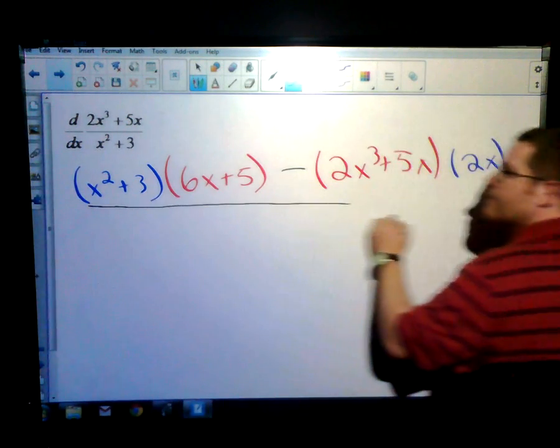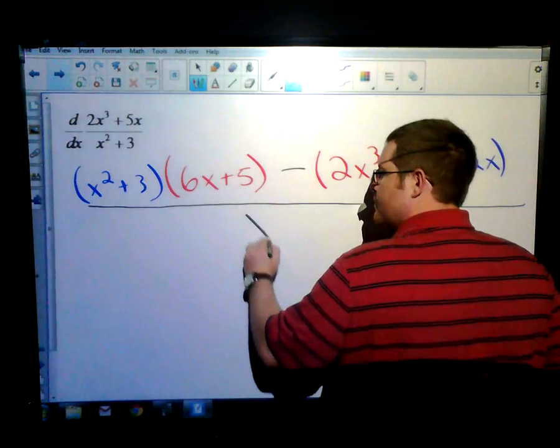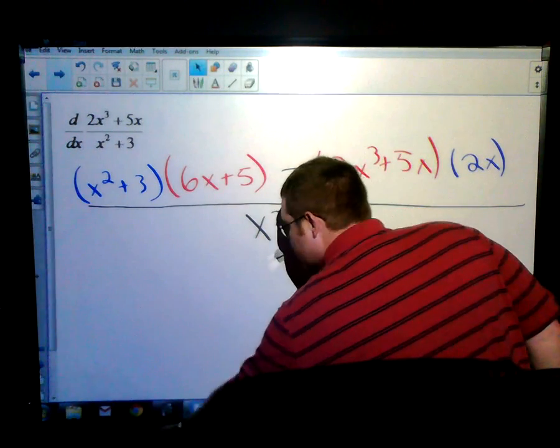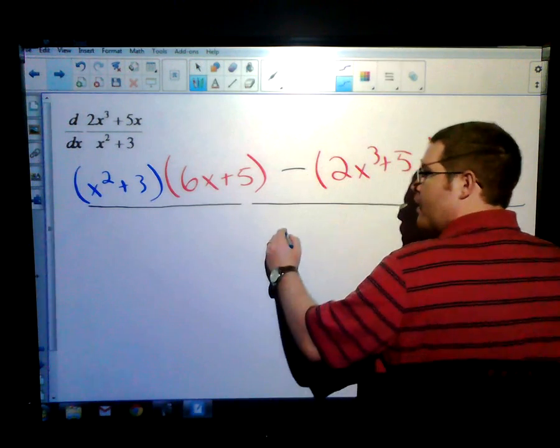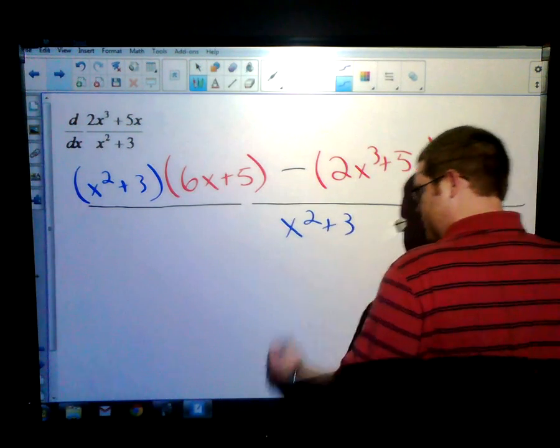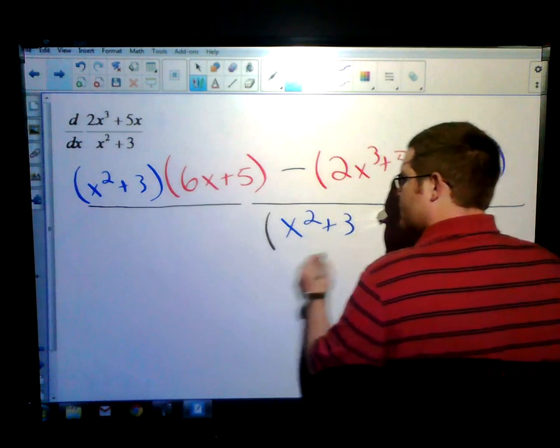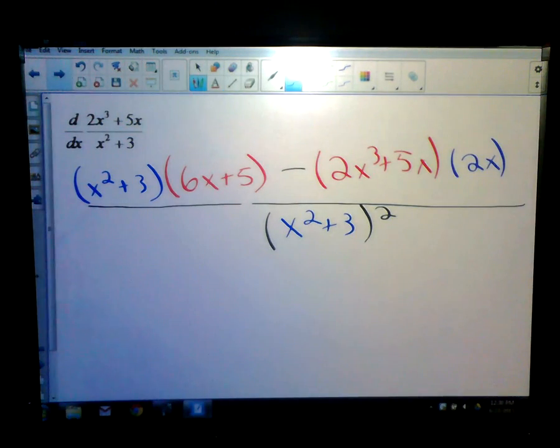All divided by the bottom, let's use blue for the bottom, the bottom squared. So that's quotient rule.